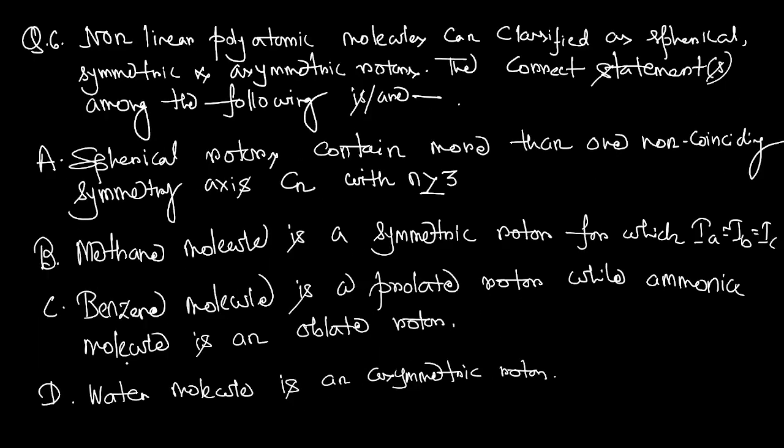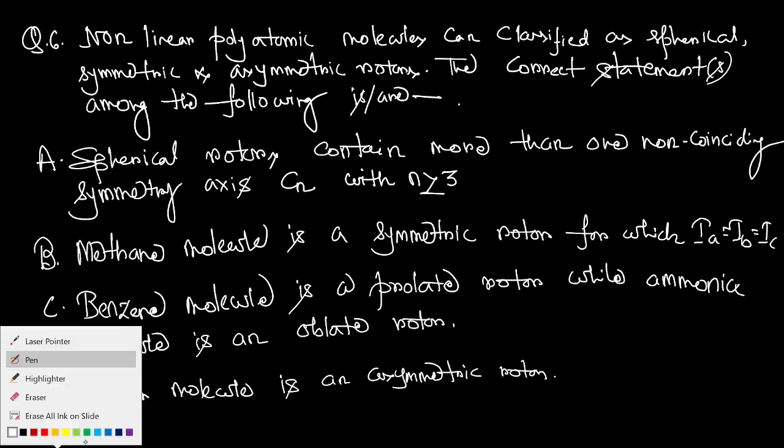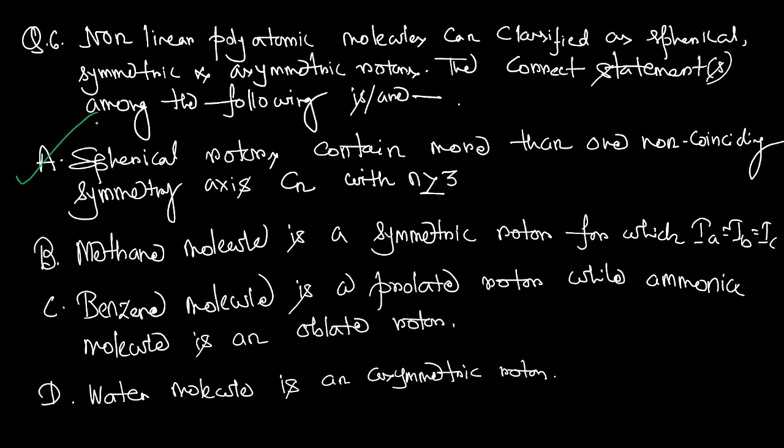Now the question is asking: a spherical rotor contains more than one non-coinciding symmetry axis Cn where n is greater than or equal to 1, which is the criterion of a spherical rotor, which is correct. Now, methane is a symmetric rotor.